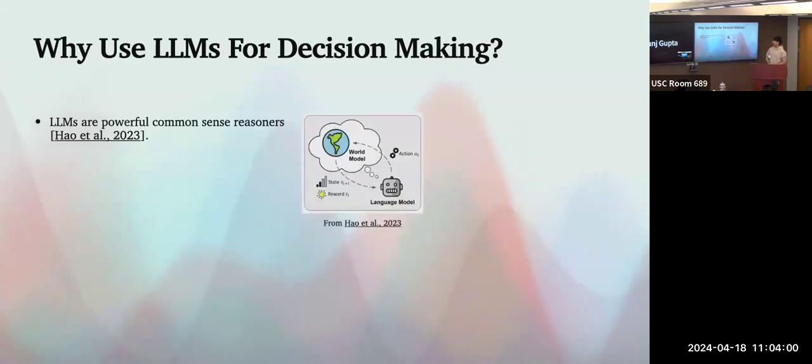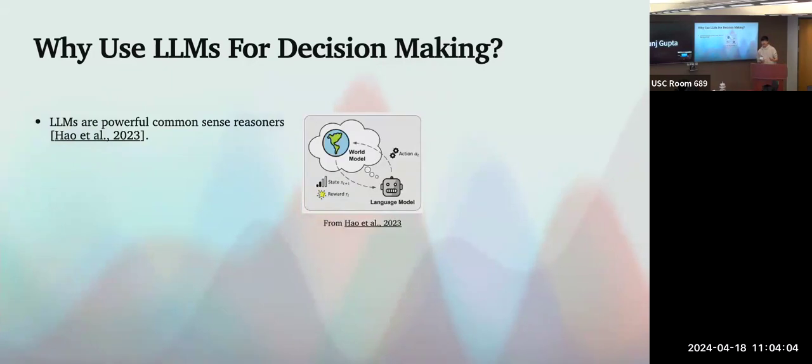Well, the first thing is that large language models are powerful common sense reasoners, and a lot of decision-making under uncertainty problems, such as the ones presented before, involve a lot of common sense reasoning. For example, if I'm to invest in agriculture, then it's better for me to reason about the temperature and the geography of the location, and LLMs can provide a good prior on this kind of information.